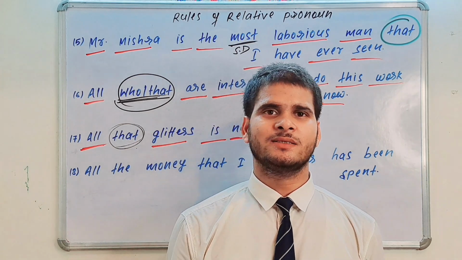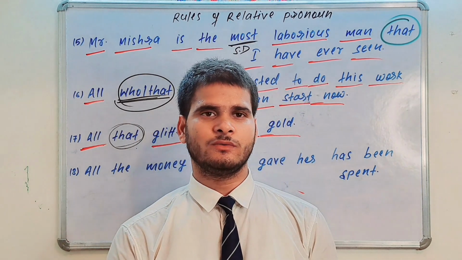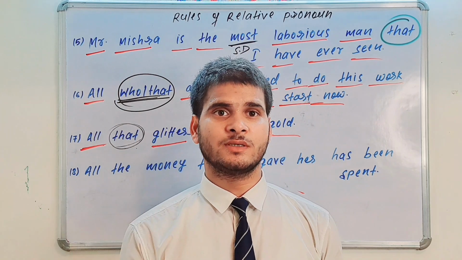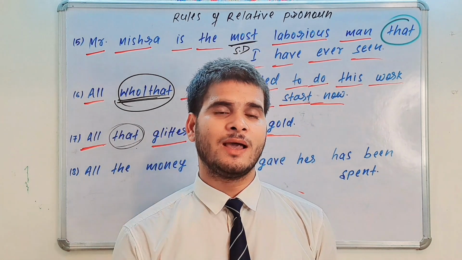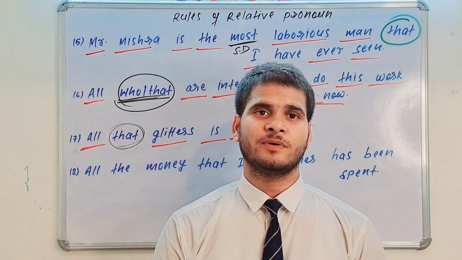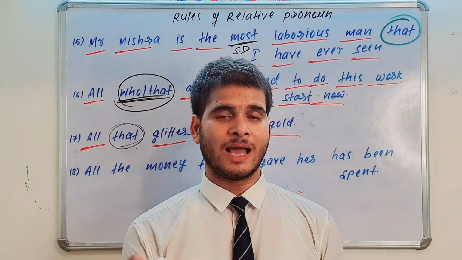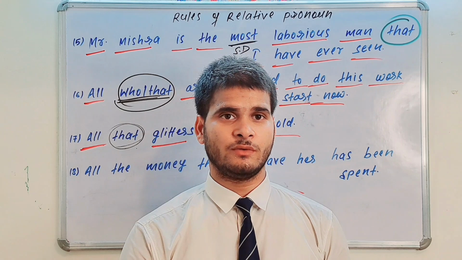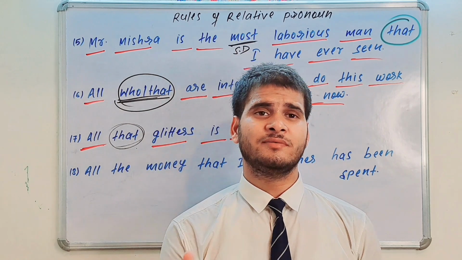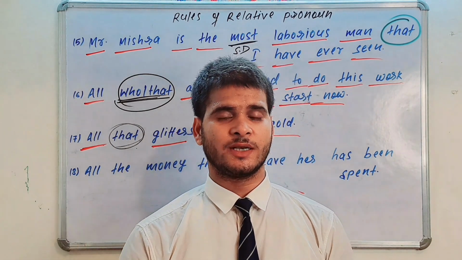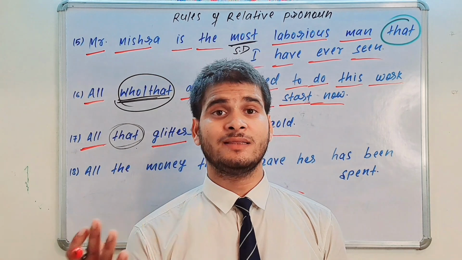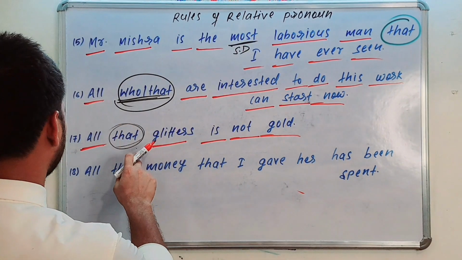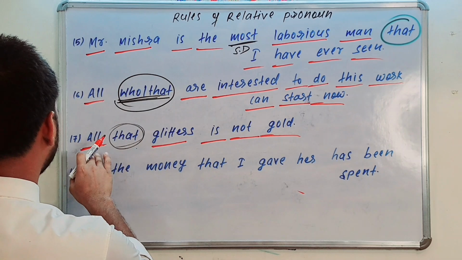If the word all is used only for persons, then you have to use the relative pronoun who and that after the word all. But if the word all is used for something, then after that we have to use the relative pronoun that only. So I think you understand and you got it.